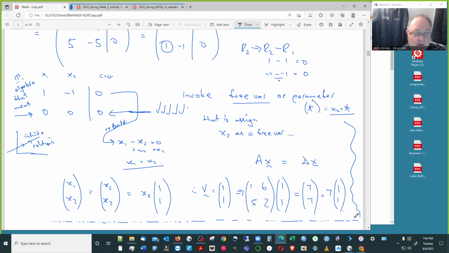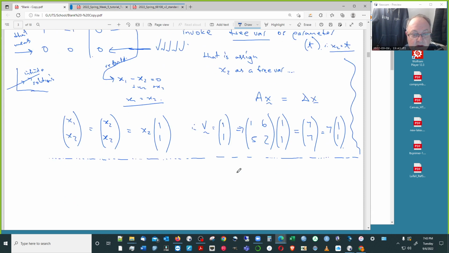So the geometric interpretation of running the vector via this transformation matrix is that we go from 1, 1 to 7, 7.